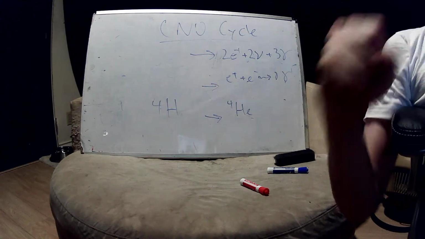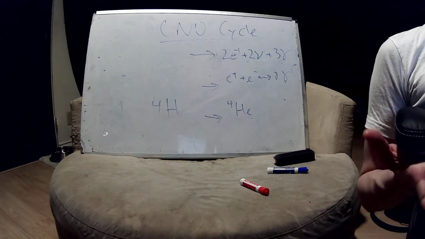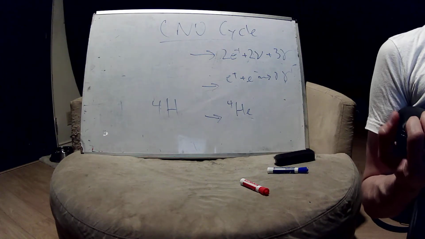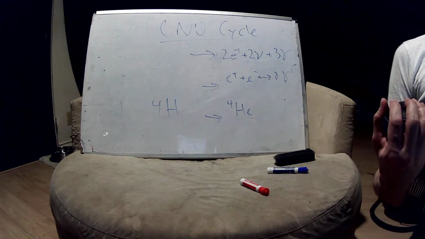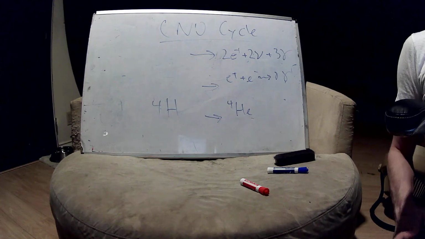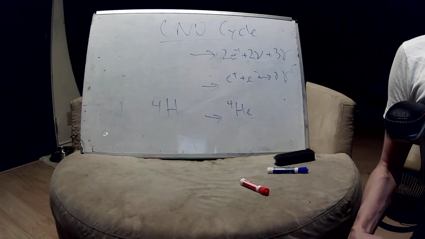However, while it's resisting, you're talking about the mass of a huge, truly massive star, many times the mass of our own sun. And so the force of gravity is just too great.